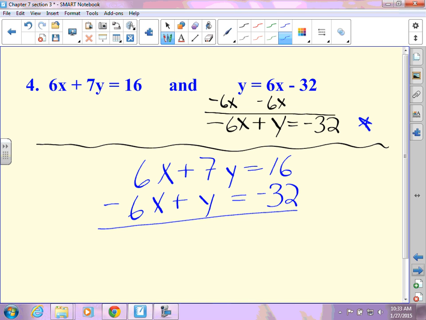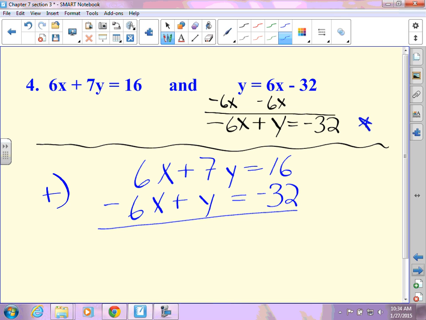So 6x plus a -6x is elimination. Okay, 7y plus y gives me 8y. 16 plus a -32 is a -16. Divide by 8. Y gives me -2. Am I done? Nope. I've got to put in another equation, and I'm going to choose the first one.